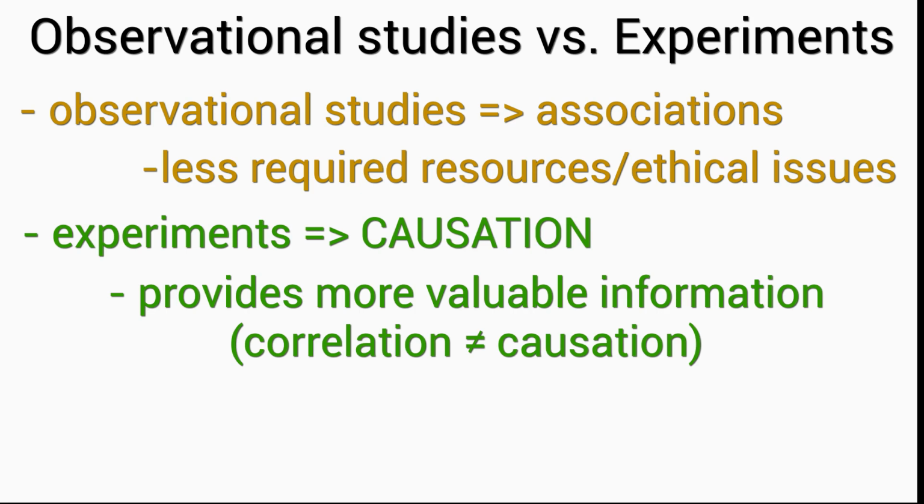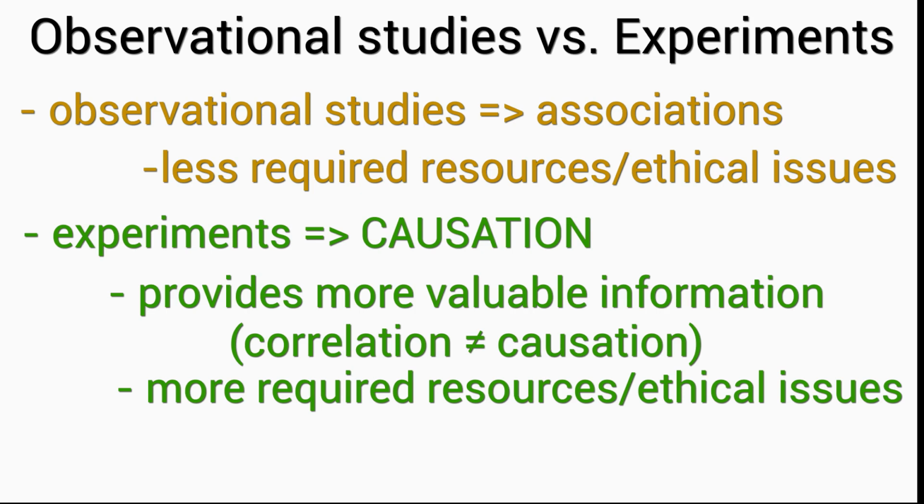Thus, when deciding which study to conduct, first determine if an experiment can be conducted based on the resources that you have available, and importantly, if it is ethical to do so. If an experiment cannot be done, be aware that you will only be determining if there is a correlation and not causation between 2 variables when choosing to conduct an observational study such as a cohort, case control, or cross-sectional study.